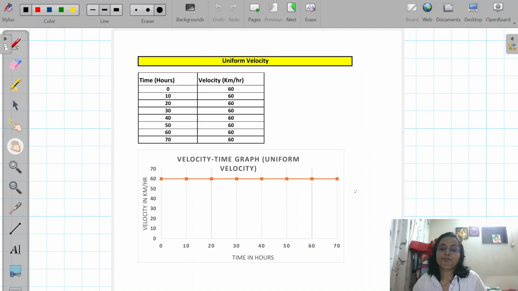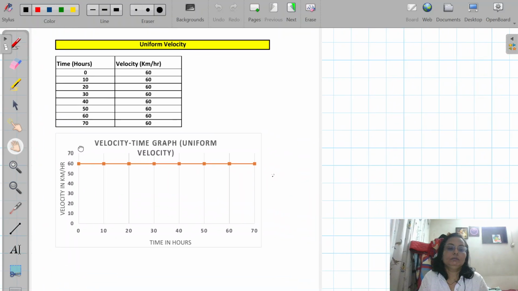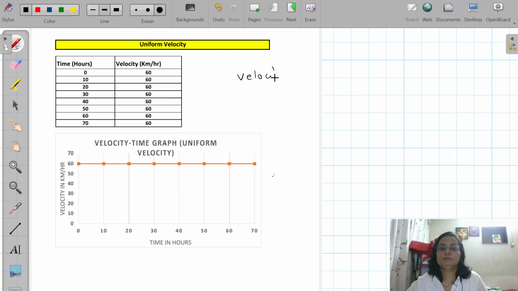Now can you tell me what is the distance? We know velocity into time is distance. We have covered this.